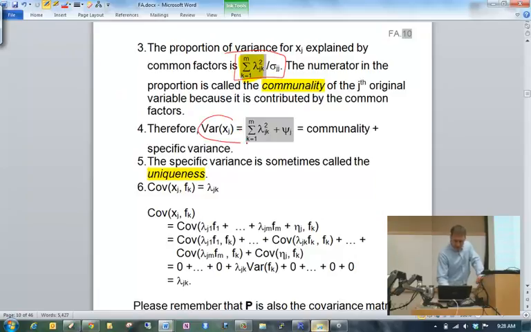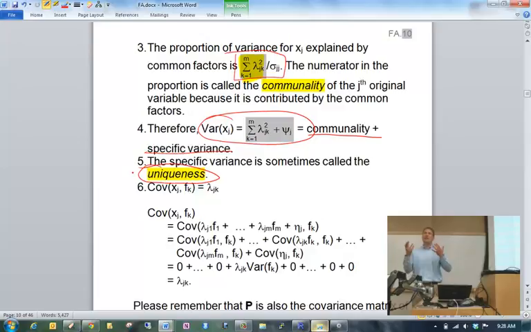So again, as I had written before, this is what our variance looks like in terms of our model. It's a communality plus the specific variance. Now here's another term that people often use. These specific variances are often referred to as the uniqueness. Why? Because we have these specific factors that are specific to each of the x's, and they have a specific variance associated with them, so they are unique in some way.